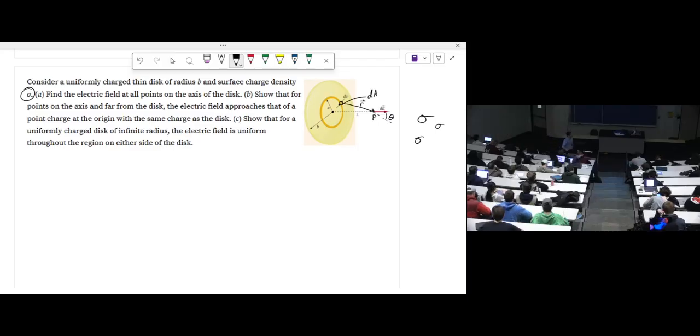Now this problem has already done a favor for us. They say, hey, look, that differential electric field contribution from that little square that I drew, the differential amount of electric field is straight along the z-axis.